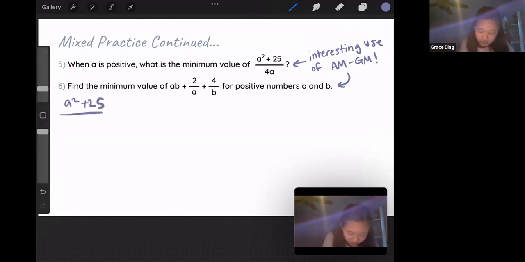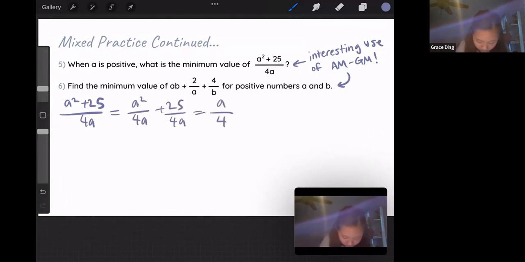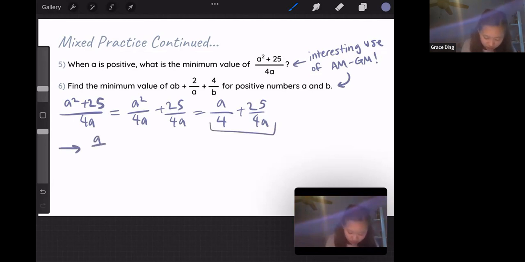So we have a squared plus 25 over 4a. So we can break this up to have this. And then once we simplify it, we'll have that. Now, this is when we use AM-GM. So we'll use both of these as our two terms.